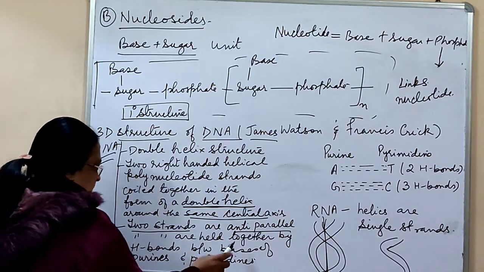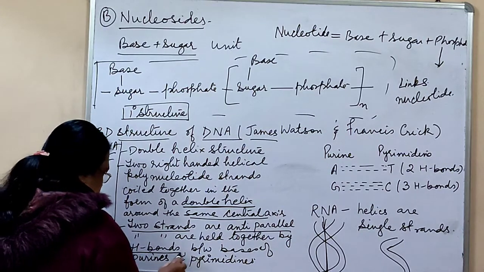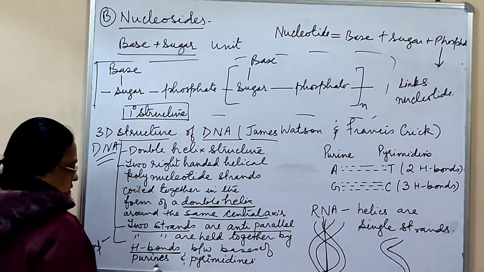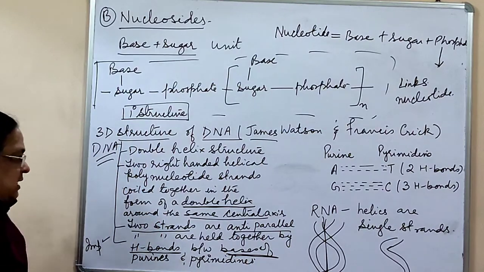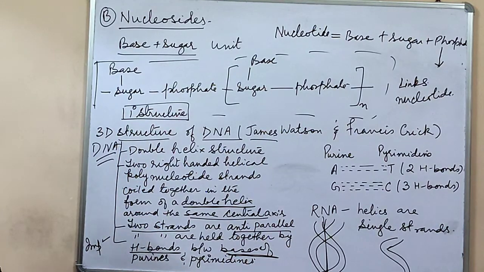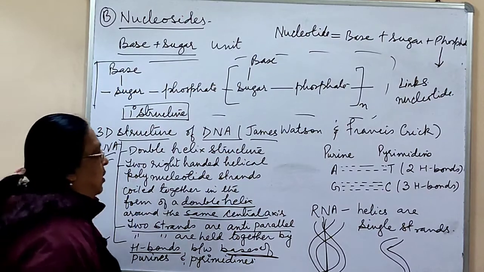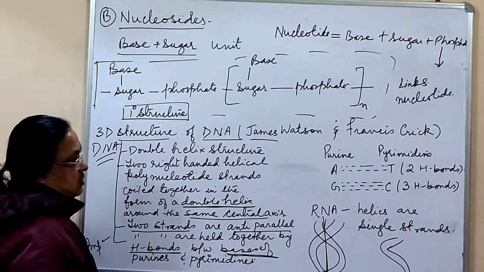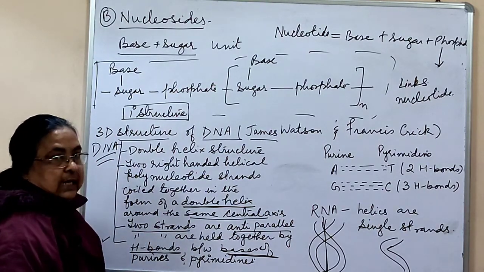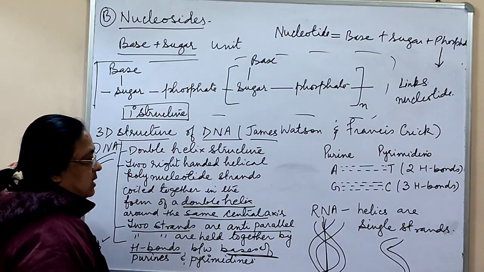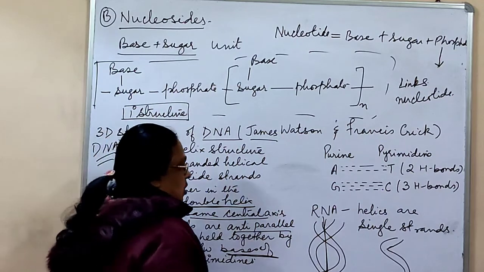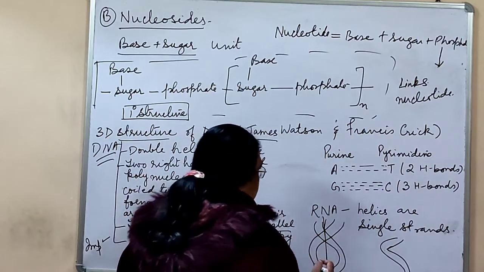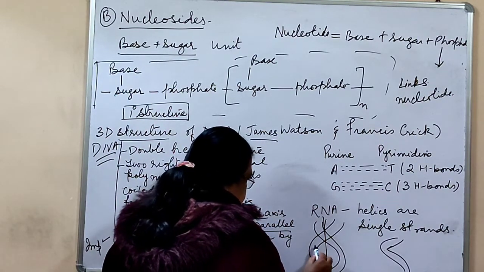And for these two strands, this point is most important. The two strands are held together by hydrogen bonds, and these hydrogen bonds are present in the bases, that is purines and pyrimidines. The purine and pyrimidine structures which we saw previously have nitrogen in the molecule, that's why they can establish hydrogen bonds. So how is a hydrogen bond established?